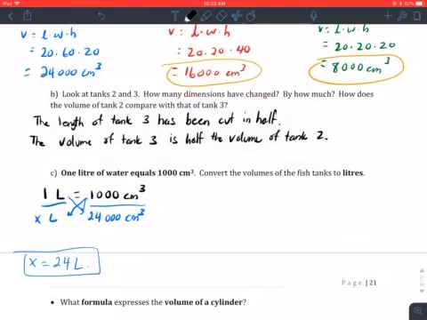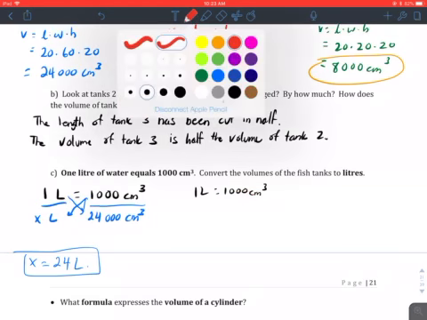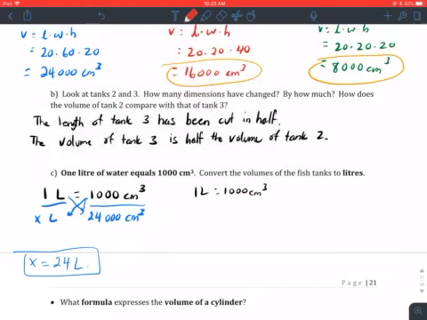Okay, we can continue this process. So 1 liter is 1,000 centimeters cubed. We're going to use red this time. Again, match up your units to units. So 16,000 centimeters cubed, x liters. And if you followed the same process, we should get 16 liters.